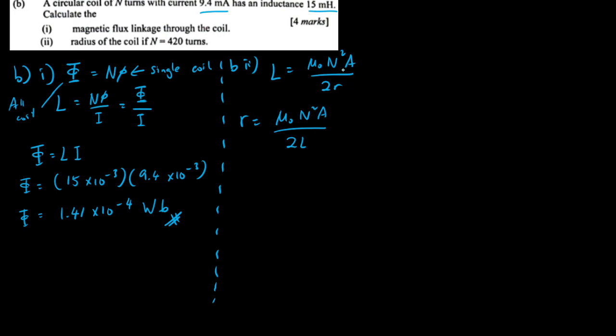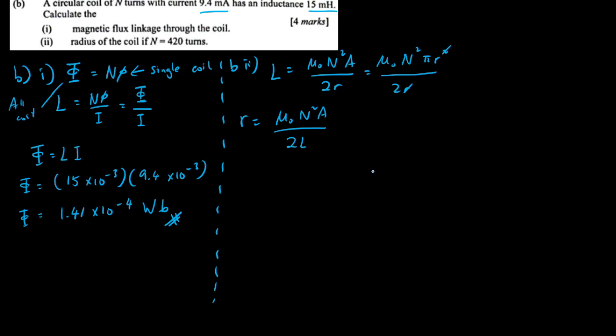So what I was supposed to do was to substitute values to remind myself the equation for A, which is mu naught N squared pi R squared over 2R. Okay, now those R's cancel. I'm left with 1R.